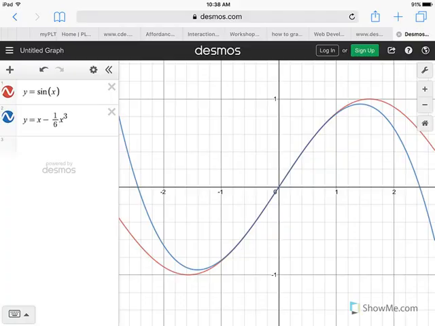Let's look at what we're trying to do visually. So in red, we have the graph of the function f of x is equal to sine of x. And in blue, we have the graph of the third degree Taylor polynomial centered at 0 that approximates sine of x. And you can see that for values of x that are near the center, the two graphs from our window settings seem indistinguishable.